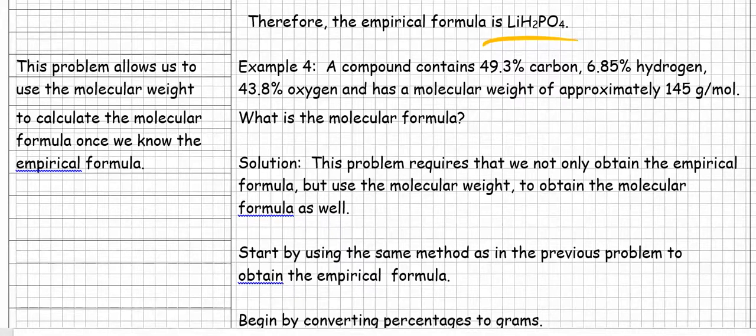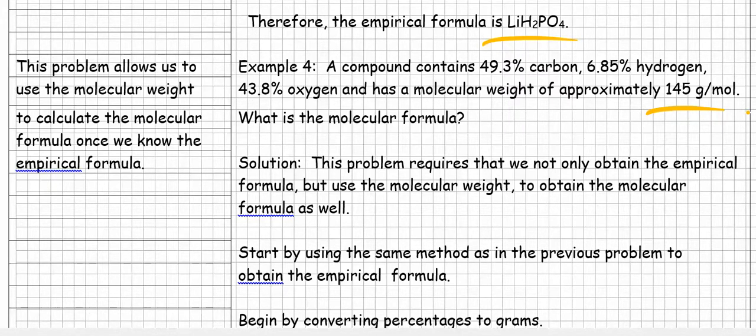All right. Then in this next example, example 4, we looked at a compound and we determined that it was 49.3% carbon, 6.85% hydrogen, 43.8% oxygen, right? And they were giving me, this time, the molar mass, the weight of 1 mole of this molecule containing carbon, hydrogen, and oxygen, right?